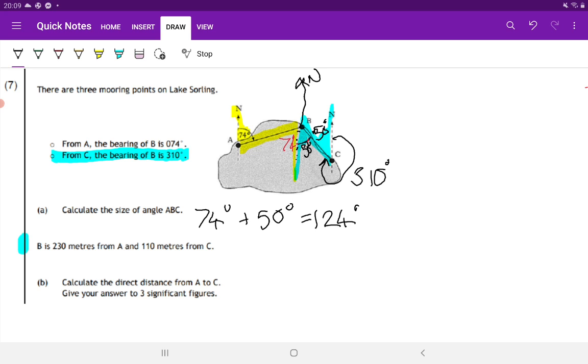But what I am going to say to you is that to do part B, you need the answer to part A. If you cannot get an answer to part A, make something up and put it as your answer to part A. So that angle clearly looks like it's bigger than 90 degrees.